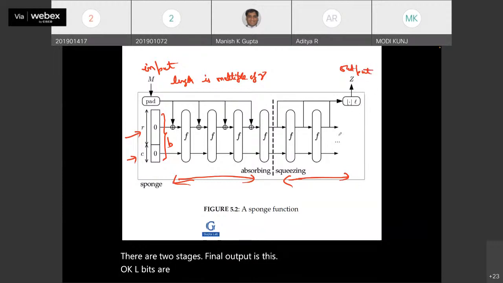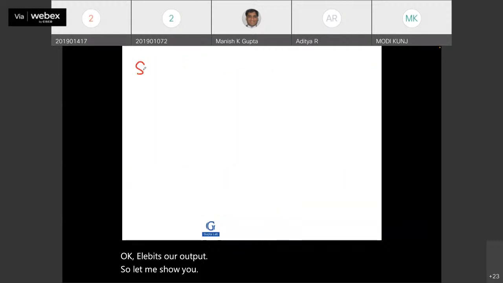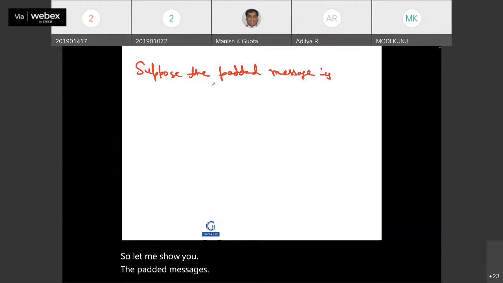Let me show you. Suppose the padded message is M equal to M1, M2, up to concatenation MK.